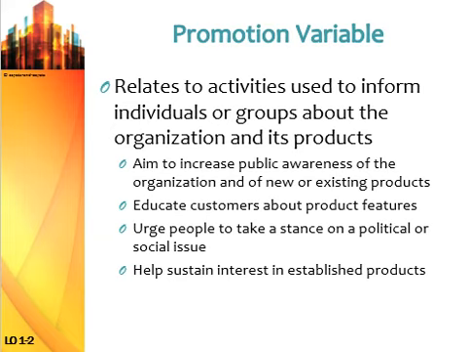It aims to increase public awareness of the organization and of new or existing products. Educate customers about product features. Urges people to take stance on a political or social issue. This is social marketing area and helps sustain interest in established products.